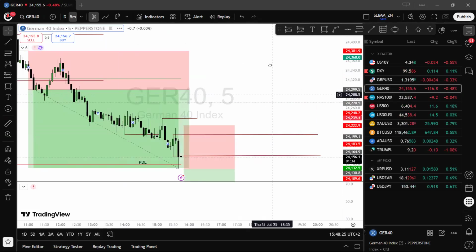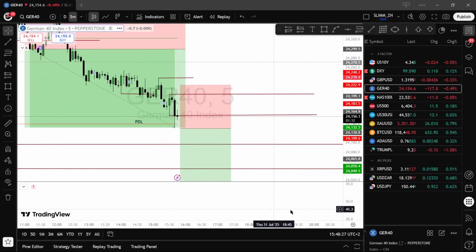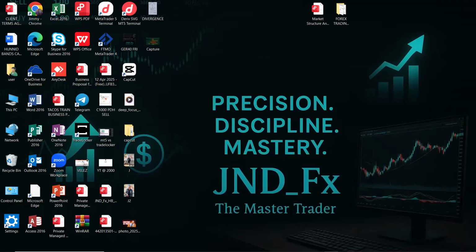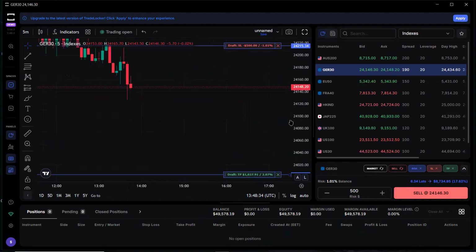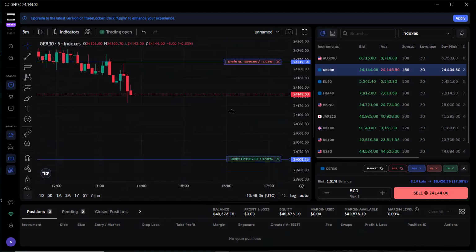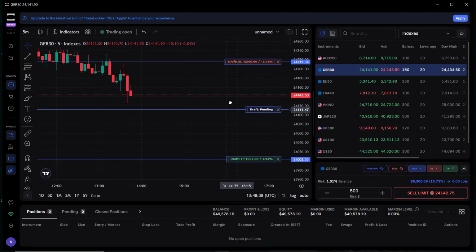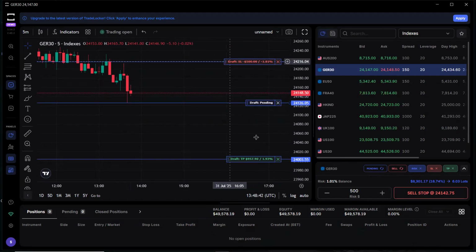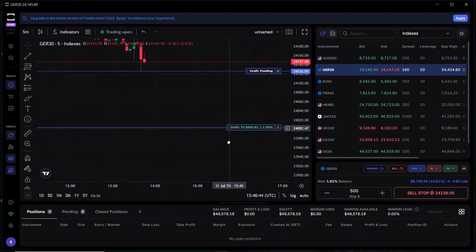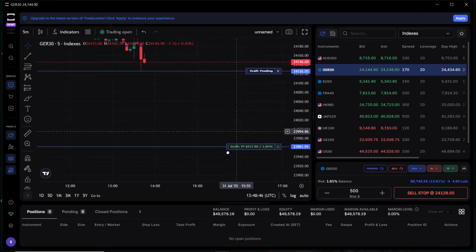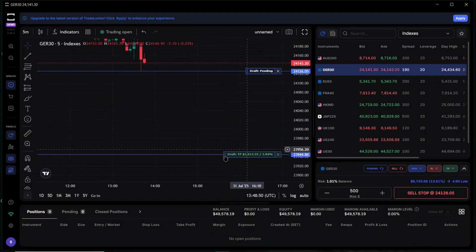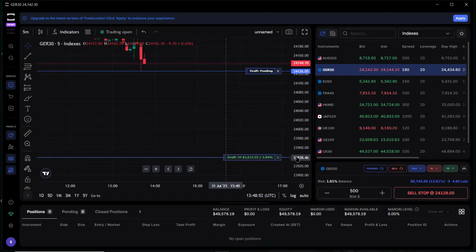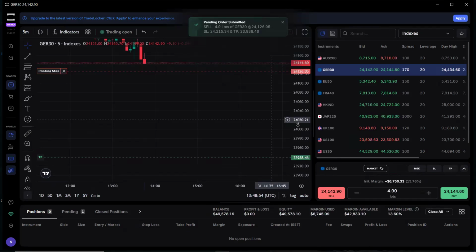Right, German 40, we got that close. I'm going to use a sell stop because yesterday I missed a trade by not using the sell stop. Okay, so a break of this candle. Okay, sell stop on German 40.